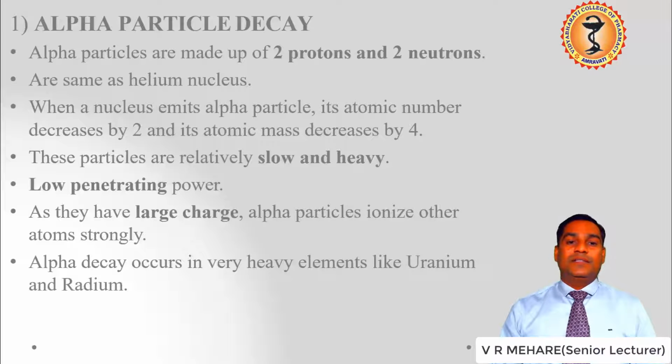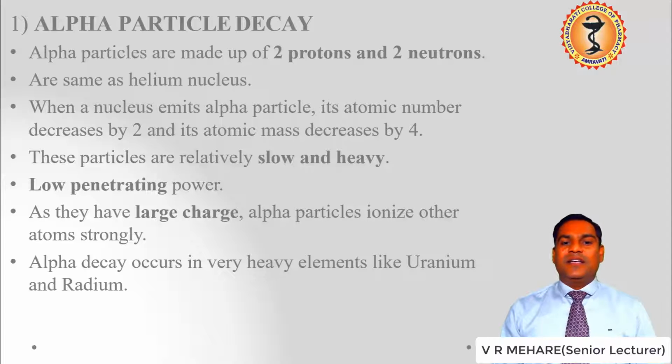What are the various characteristics of alpha particle decay? Alpha particles are made up of 2 protons and 2 neutrons. These are the same as a helium nucleus, because helium also has 2 protons and 2 neutrons. When a nucleus emits an alpha particle, its atomic number decreases by 2 and its mass number decreases by 4 units.